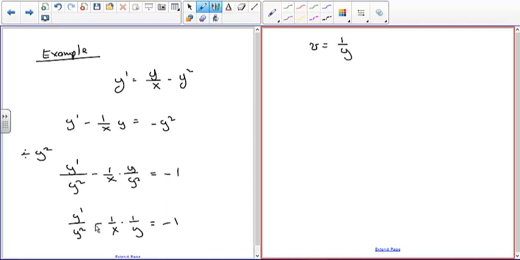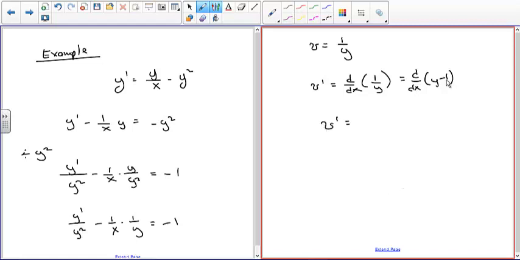So I'll end up with negative 1 over x times v. But I need to make the appropriate substitution there. So what I say is v prime is equal to the derivative with respect to x of 1 over y. But I have to rewrite 1 over y as y to the minus 1 power, so I can use the power rule.